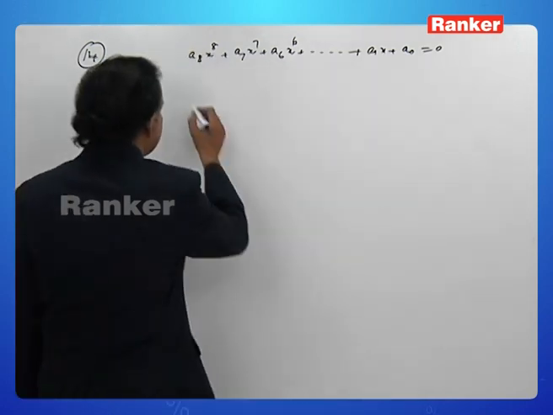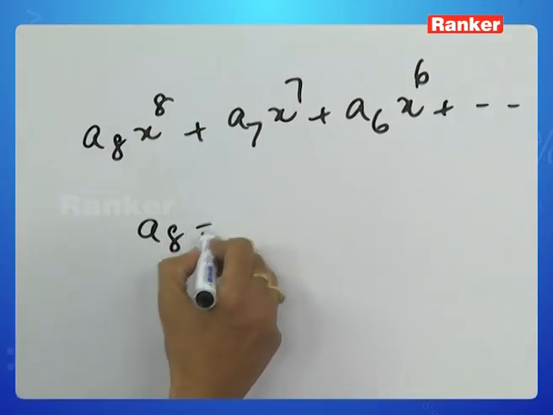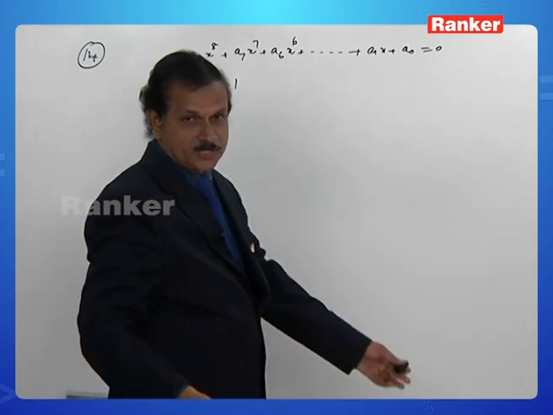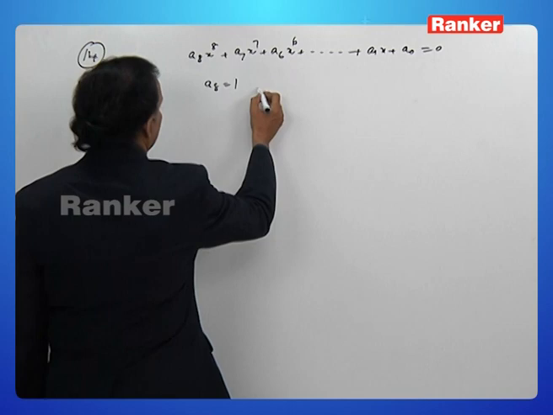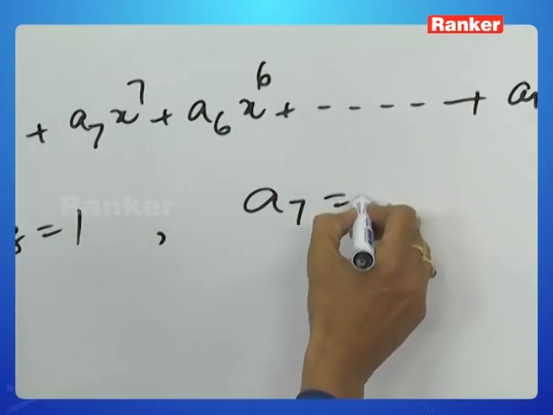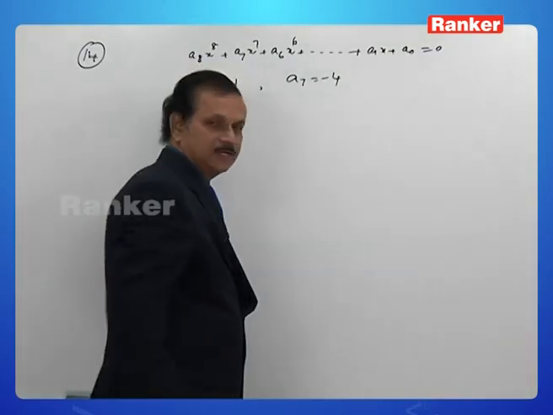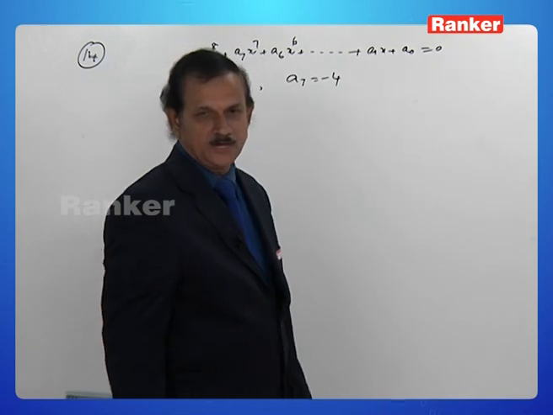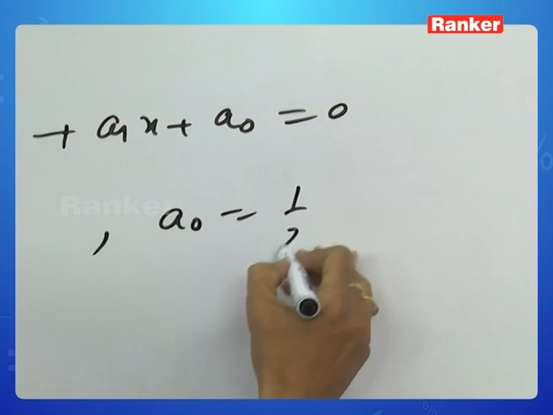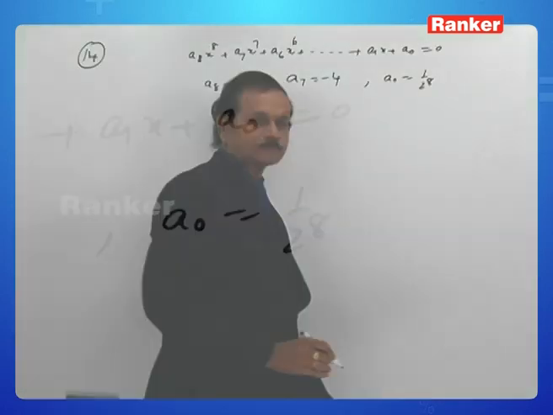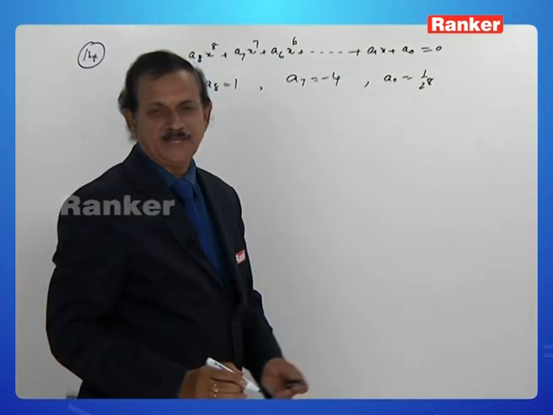What is a8? a8 is equal to 1. That is, the leading coefficient is 1. And a7 is minus 4. That is, the second coefficient is minus 4. a0, that is the last coefficient, is 1 by 2 power 8.